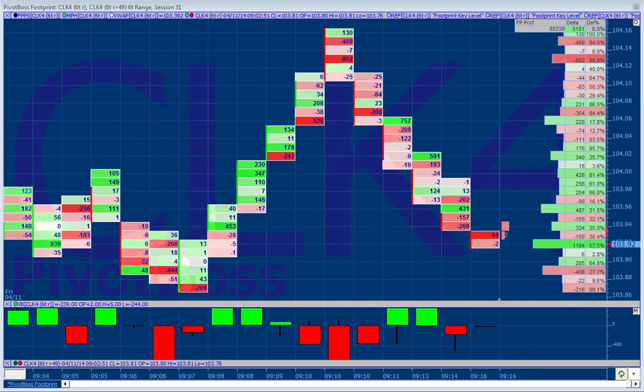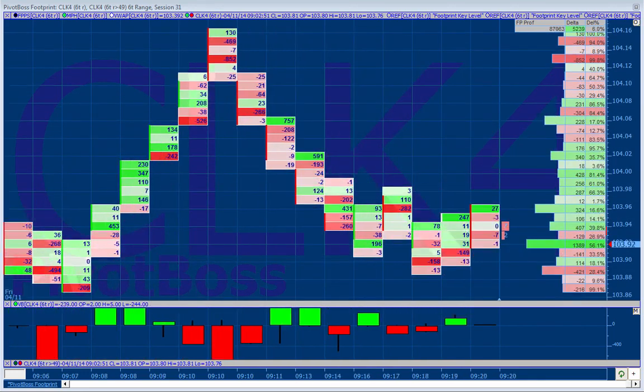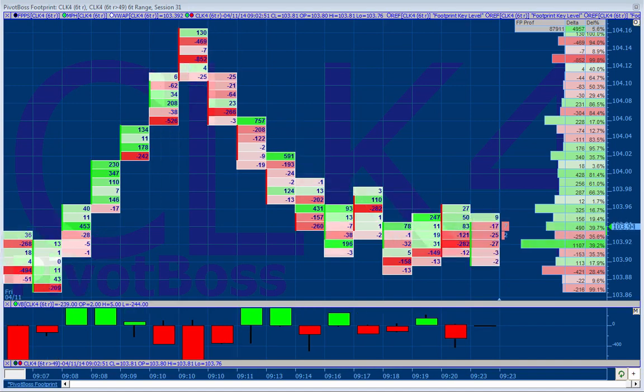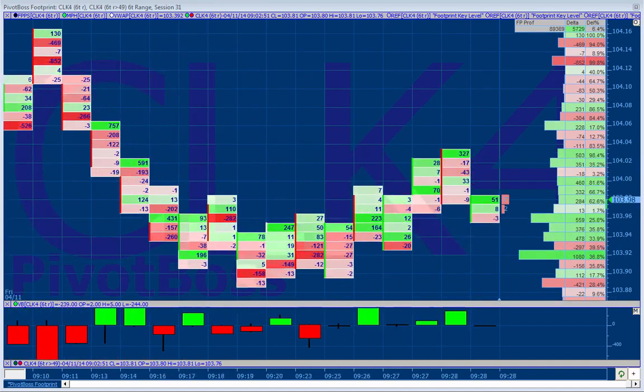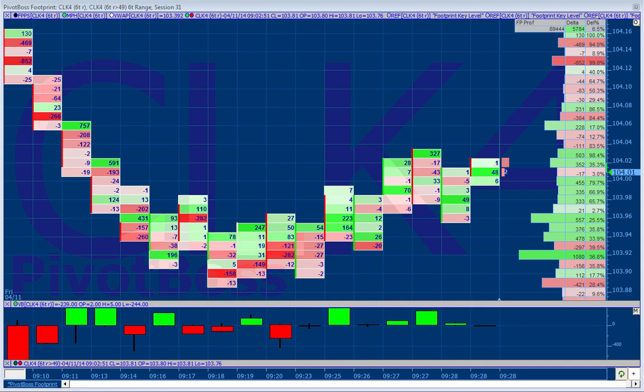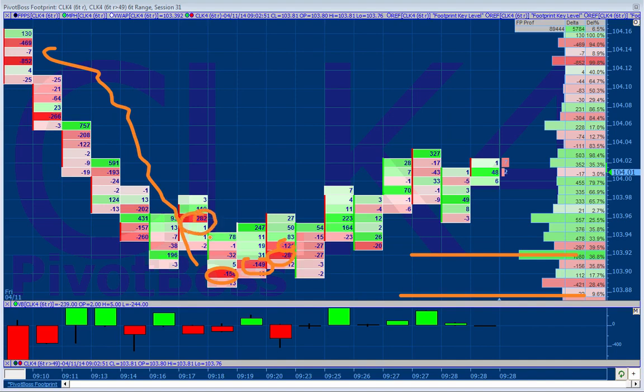Price pushes lower, sellers coming in, buyers defending. Okay, let's stop it here. So now price rotates lower, and here's our 88 to 92. What happens here? Look at all the sellers that come in here. All of these sellers, and yet price can't go down. It's holding.